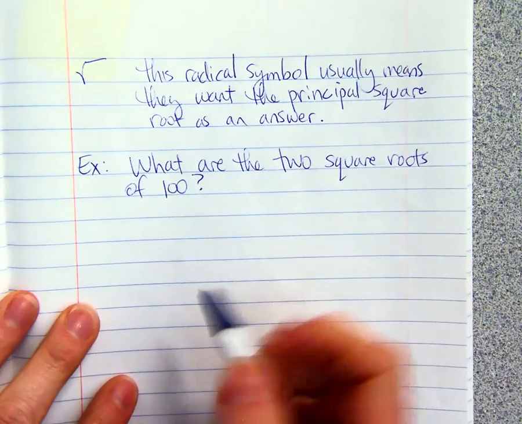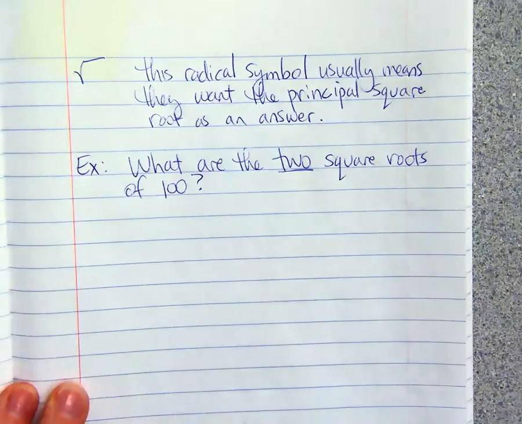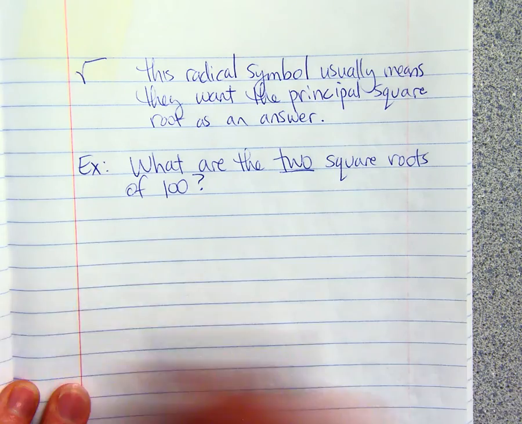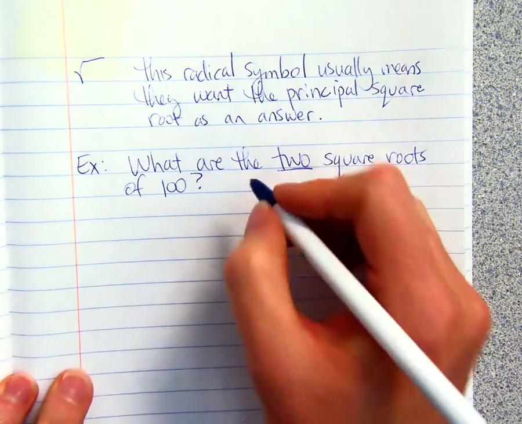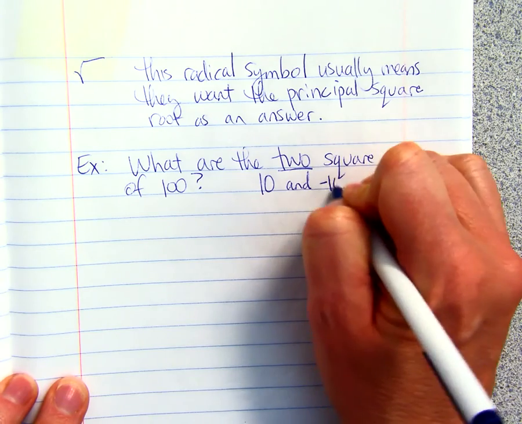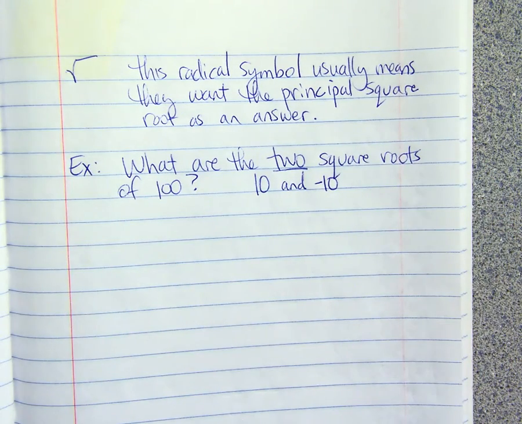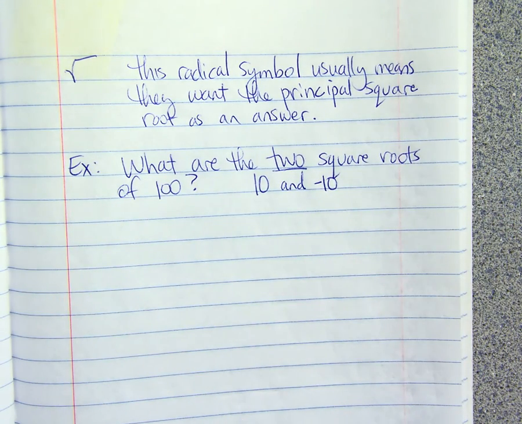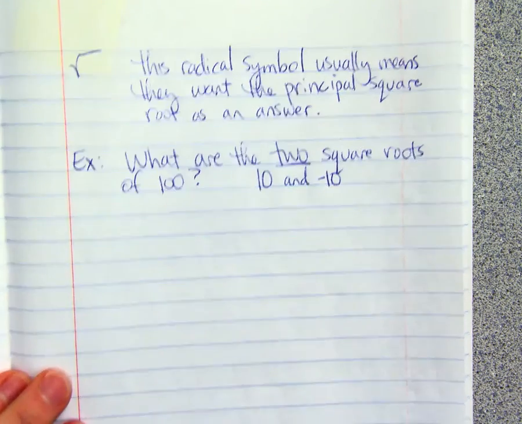The key word is 2. You're going to have 2 answers. So we know the principal square root is 10, which means the other one is just negative 10, because negative 10 times negative 10 will give you 100. So the 2 square roots are 10 and negative 10.